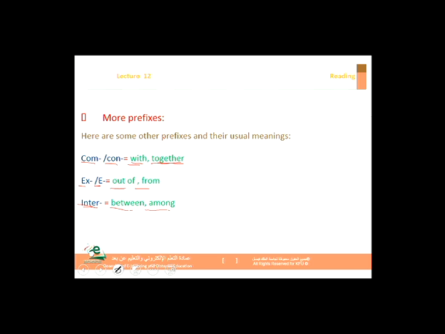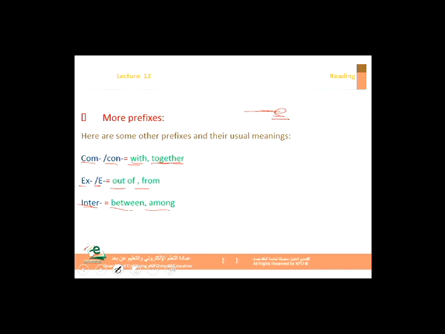Suffix, just to remind you, is what you can find at the end of words. So if you have a word, look at the last few letters, and that's what we call a suffix. All right?